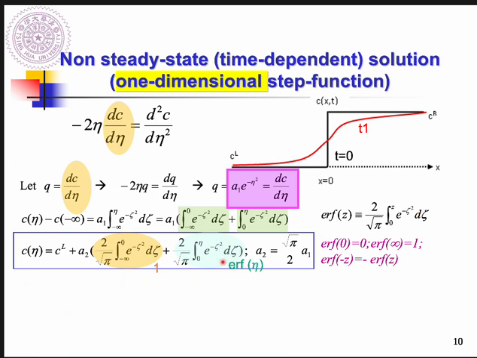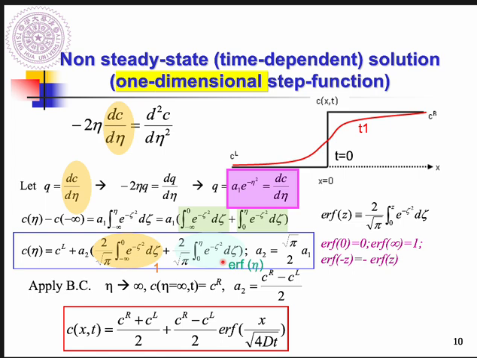At this moment I need the boundary condition to help me. When iota approaches infinity, C will be equal to CR. So I get A2 equals this. I substitute it back here, then I get this result.